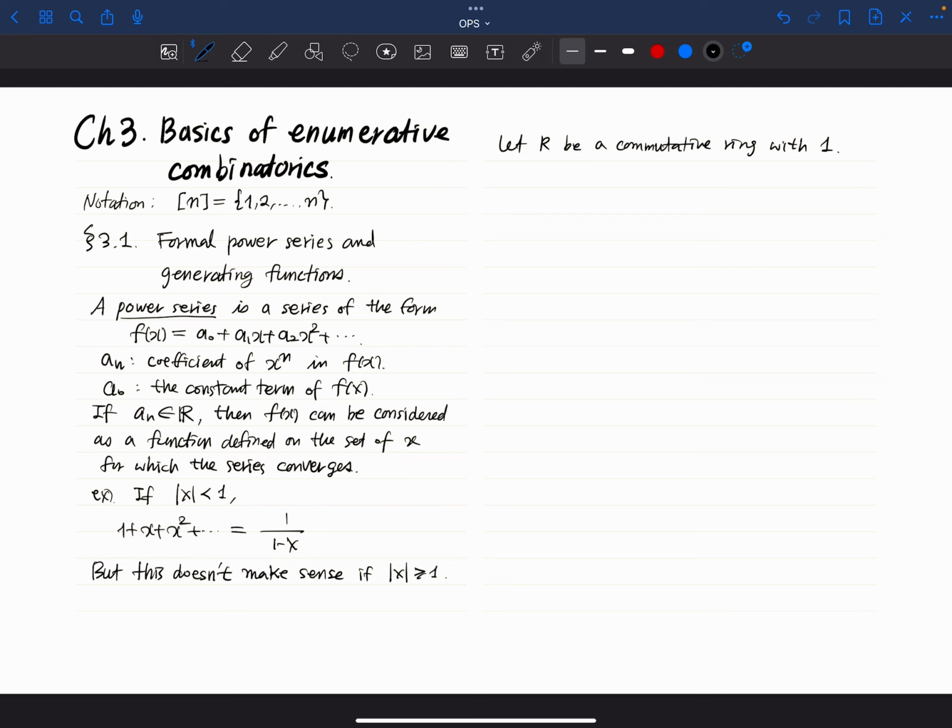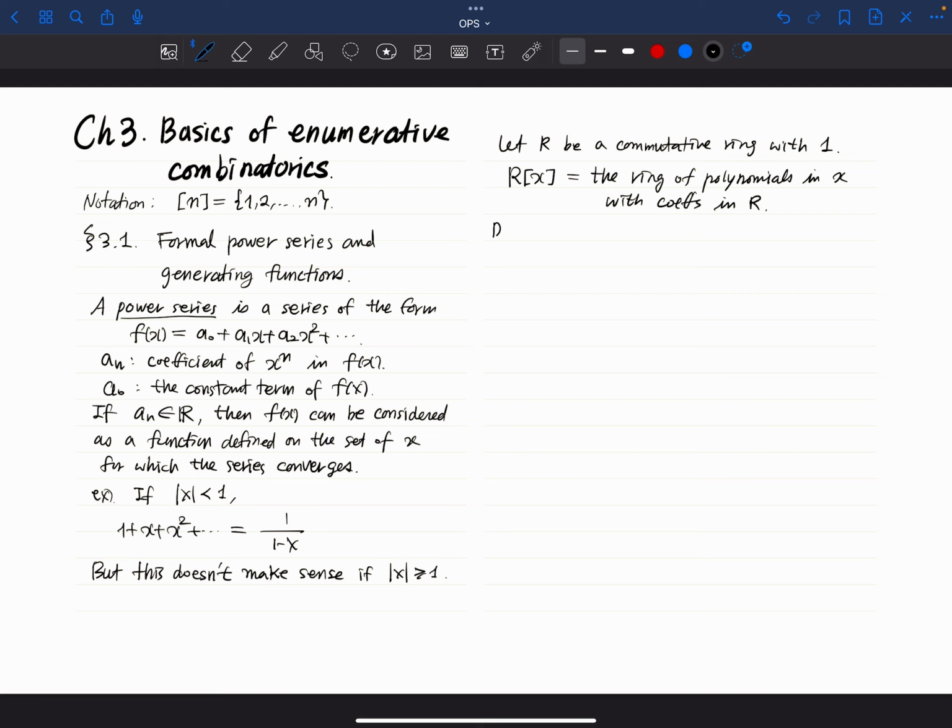And R[x], with square brackets, is the ring of polynomials in x with coefficients in the ring R. So the usual polynomials are here. So we have polynomials, and then we can add them, multiply them in the usual way.